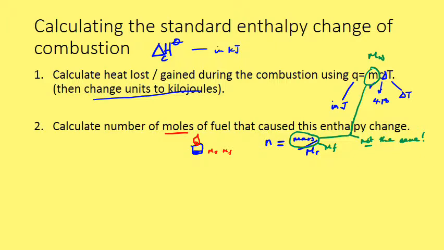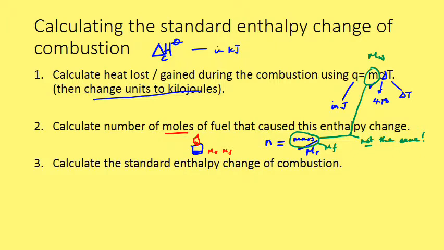So there we are, we calculate the number of moles of fuel that caused this enthalpy change, that caused the increase in temperature of the water in the calorimeter. That's our second step. And then what we need to do is calculate the standard enthalpy change of combustion. You'll remember from the definitions of standard enthalpy changes that we are dealing with 1 mole.